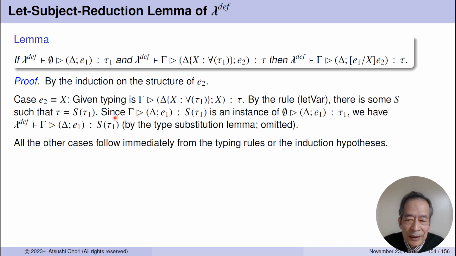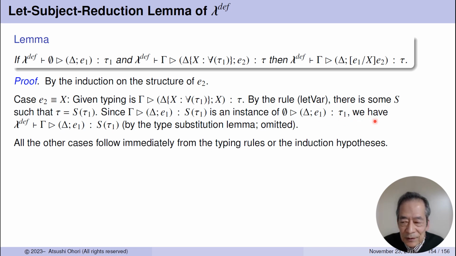And then, since this derivation is an instance of this derivation, we didn't formally define instance of typing derivation, but this is an instance obtained by applying substitution and adding some extra assumption.